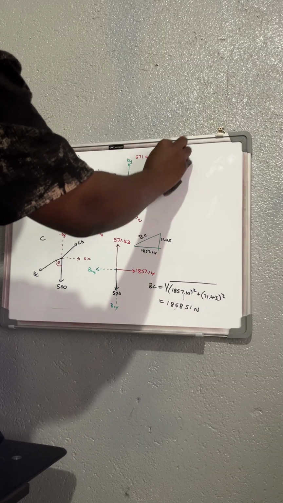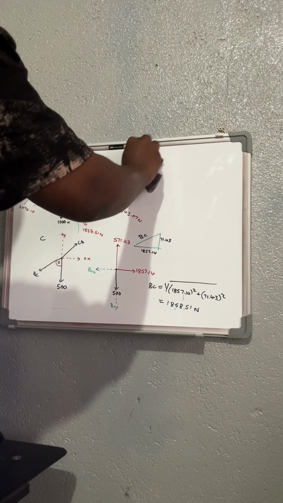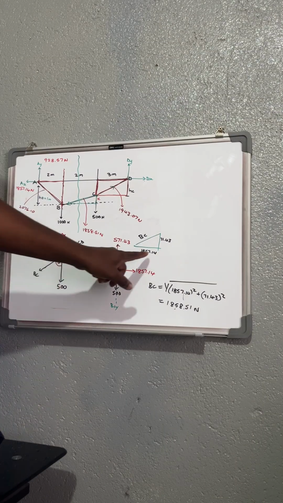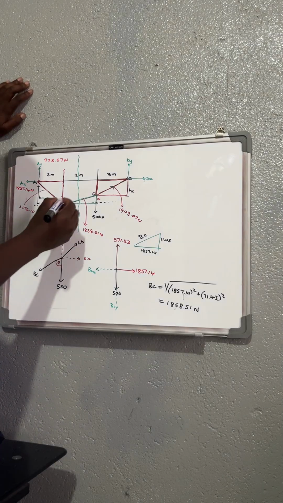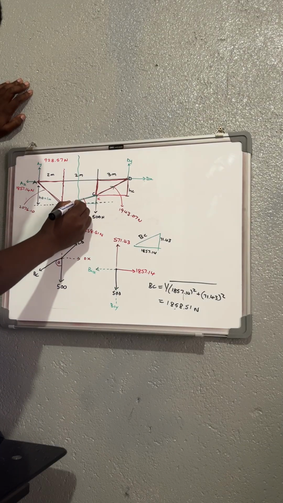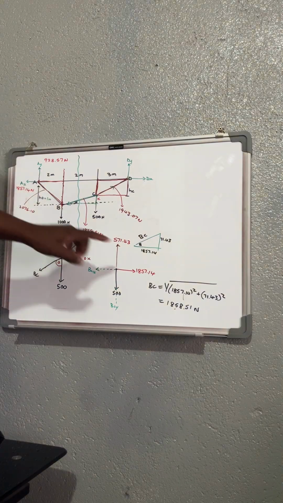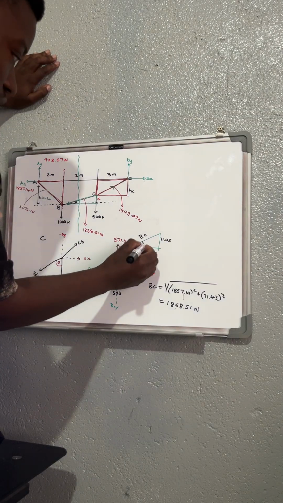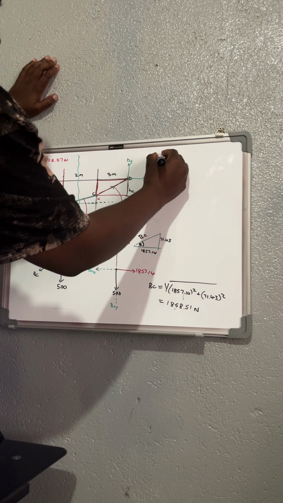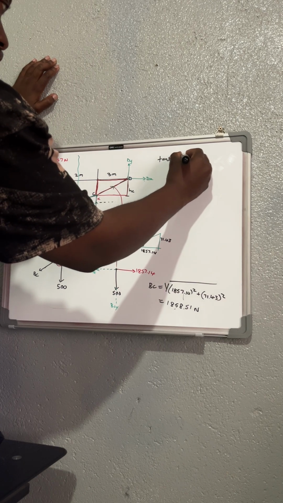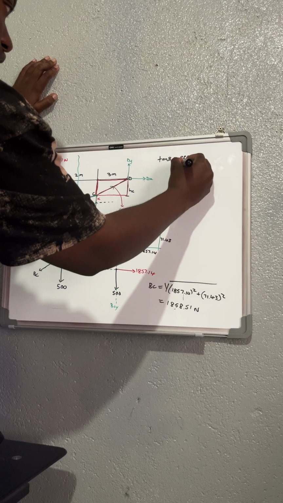Since you already know these ones, how would you find that small part? We can say this angle that you see here is beta. If we want to calculate beta, we know this angle is opposite to this. So we can say tan of beta is equal to opposite over adjacent.